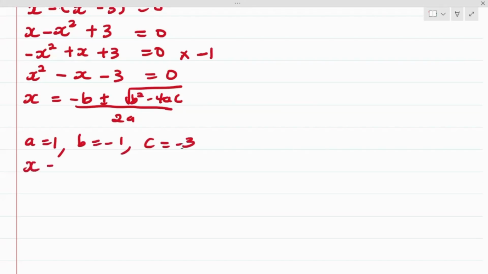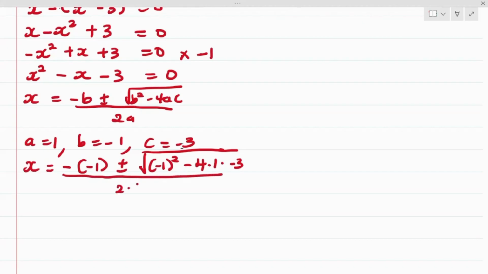So x is equal to minus times minus 1, plus or minus the square root of minus 1 all squared, minus 4 multiplied by a, which is 1, multiplied by c, which is minus 3, divided by 2 multiplied by a, which is 1.